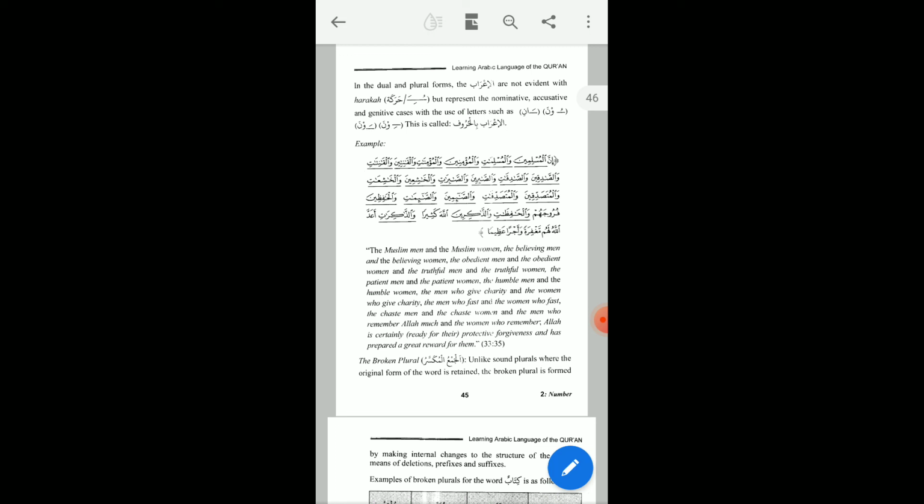Wal khashi'at, feminine plural. Wal mutasaddiqina, masculine plural. Wal mutasaddiqat, feminine plural. Was sa'imina, masculine plural. Was sa'imat, feminine plural. Wal hafizina furujahum, masculine plural. Wal hafizat, feminine plural. Wadh dhakirinallaha kathiran, and those who remember Allah often. Kathiran here is an adverb, also carrying two fathas, and it will be another chapter, what we call al mansubat, al marfu'at, al majrurat.